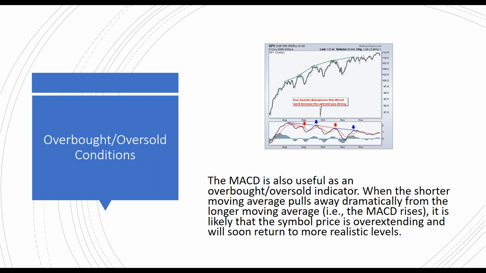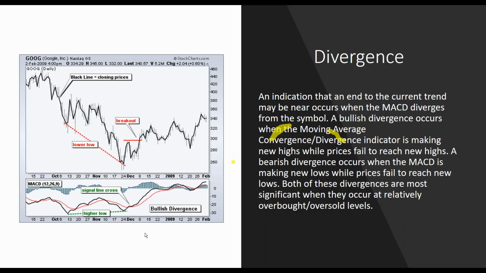So when we see a large climb in the MACD line, not the signal line, it's telling you the asset is overbought, or overextended. If you have the reverse, a big fall, it's telling you the same also. It's either overbought or oversold conditions. It is not used often for that, but you can use it.